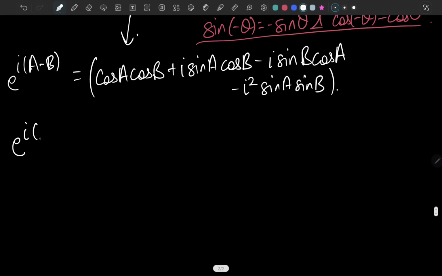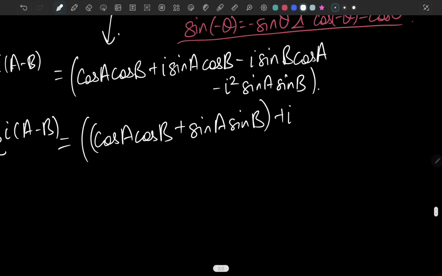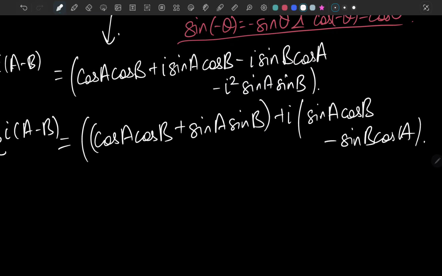So e to the I times a minus b gives us cosine of a times cosine of b, and plus, look, this becomes plus sine of a sine of b, and when you take I common, plus I times sine of a cosine of b minus sine of b cosine of a.